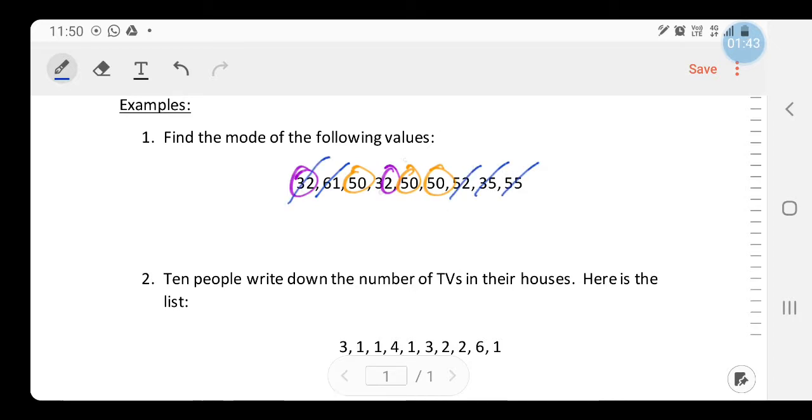We're going to forget the 32s because 32 only had a frequency of 2 because it occurred twice. 50 is the winner. 50 has the highest frequency, which means 50 appears most often.